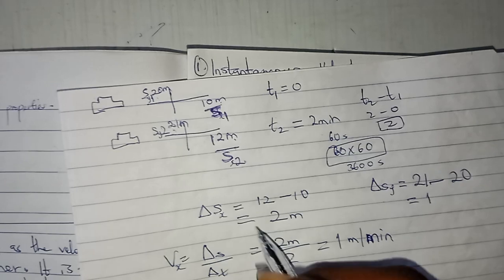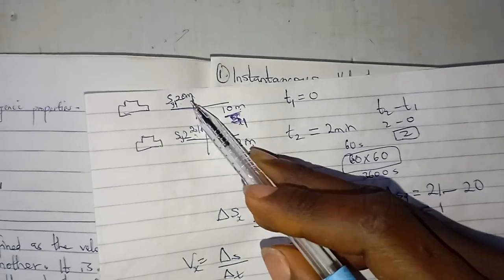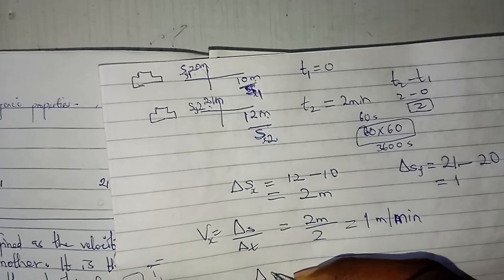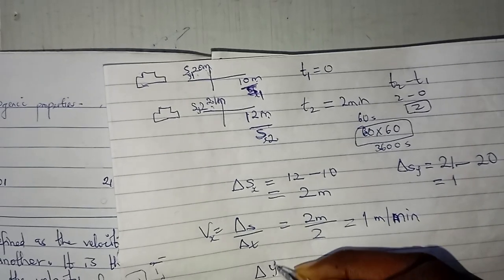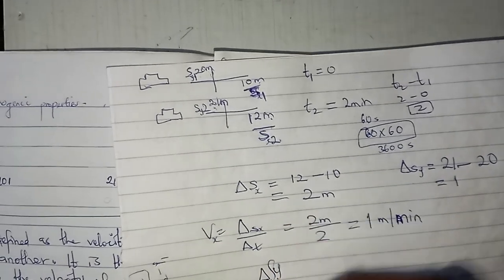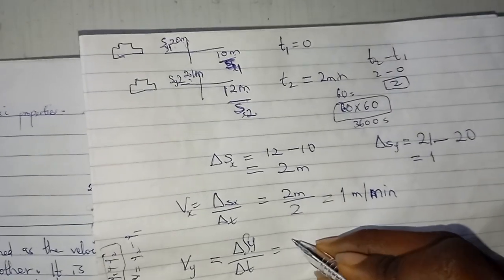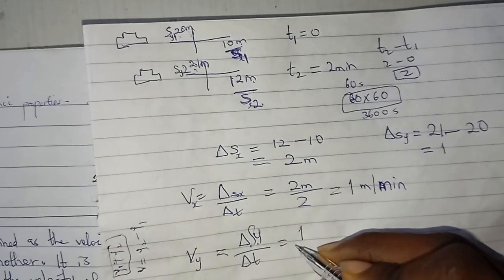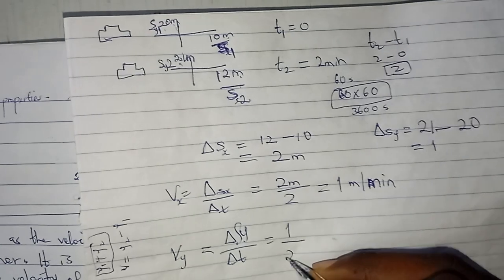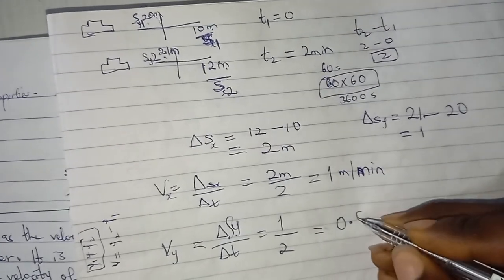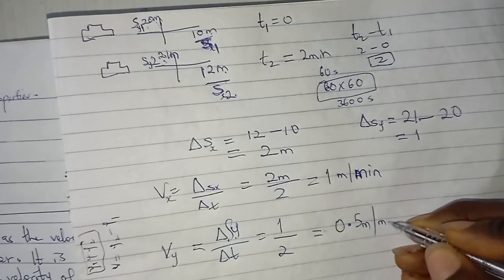This is y2, y1. So it's going to be change in sy all over change in time. And this is going to be 1 all over 2, which gives me 0.5 meter per minute.